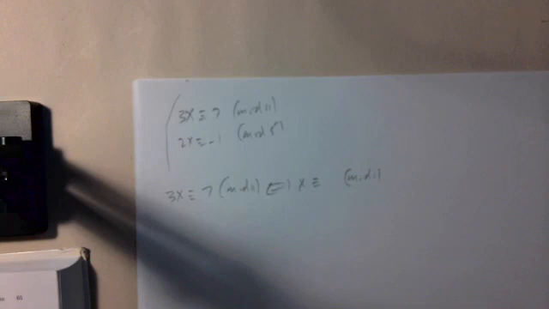And we know by the Chinese remainder theorem, because 3 and 11 are relatively prime, this will have a unique solution mod 11.